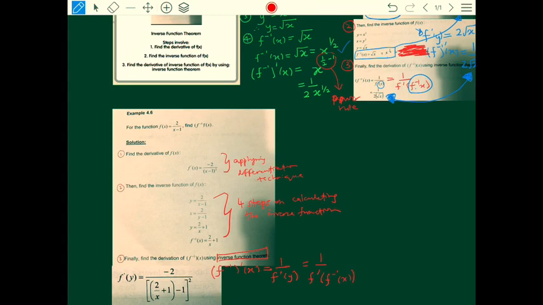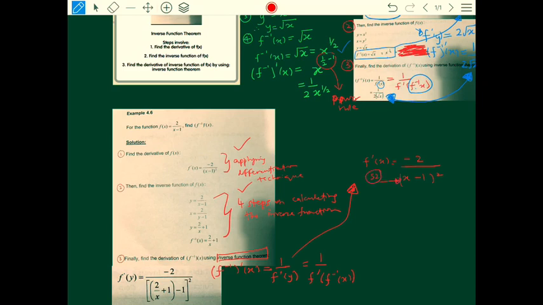So to do this, you do it step by step as I showed you just now. Using this formula and based on the previous knowledge from here and here, you know that f prime of x is negative 2 over (x minus 1) squared, and then the x here you need to substitute with the second step.